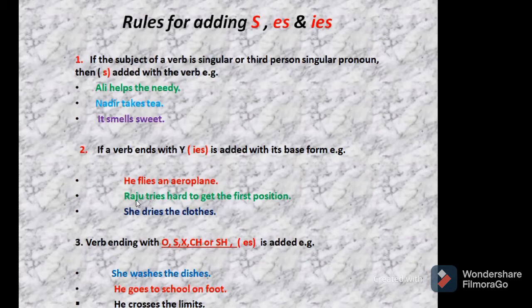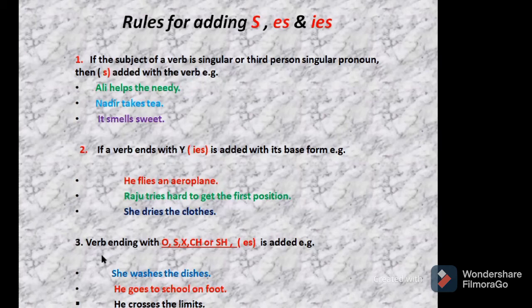Raju, subject is singular. Raju tries. She, third person singular, dries the clothes. So when the verb ends with Y, and the subject is singular or third person singular, we use IES instead of Y. This is the second rule.